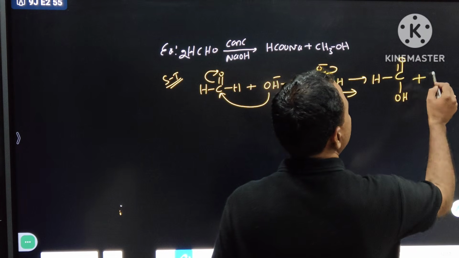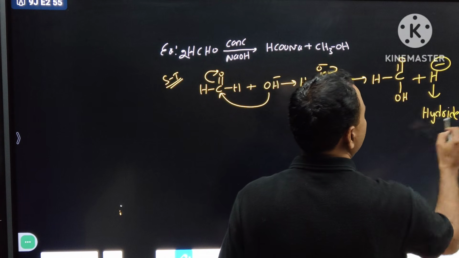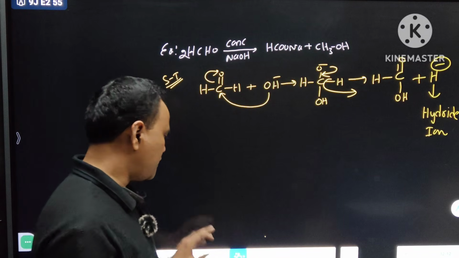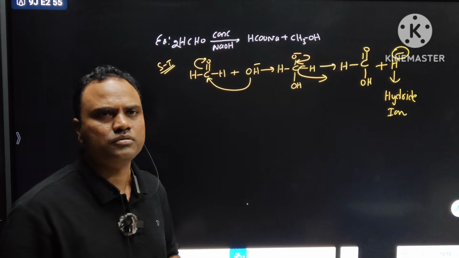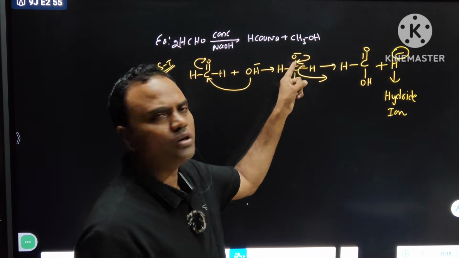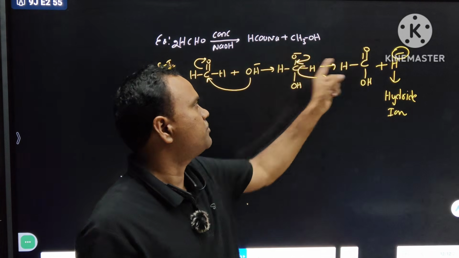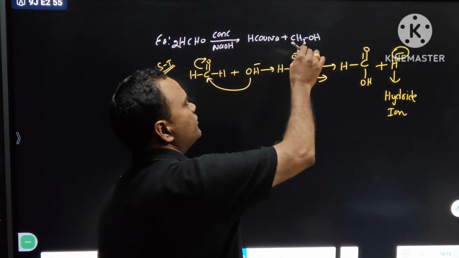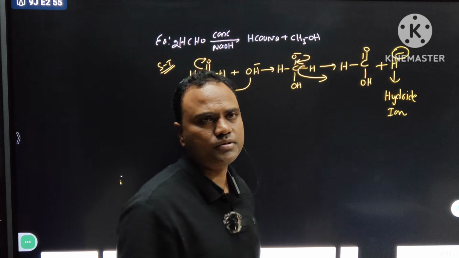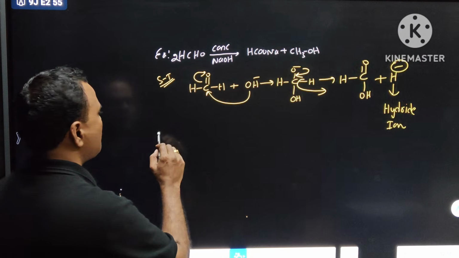But the important point is that H minus is also forming, the hydride ion. Very, very important. Clear? Any doubt in this? The negative charge is shifted in between oxygen and carbon and converted into a double bond. Previously one bond was there, and hydrogen leaves as H minus. This is step 1.